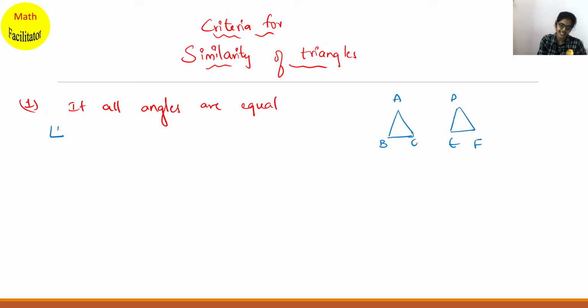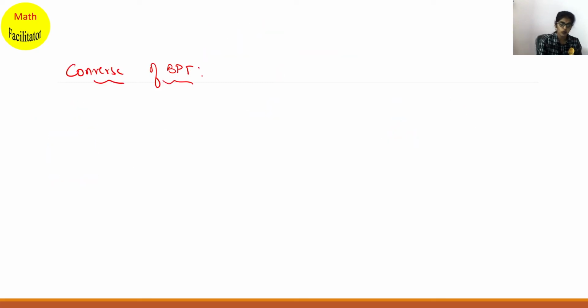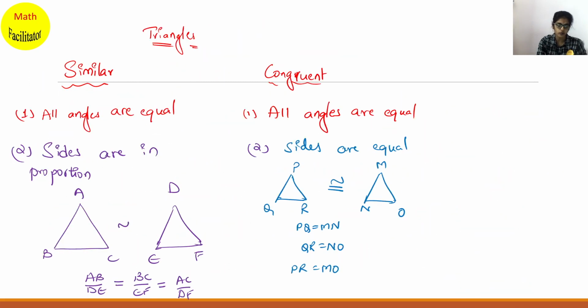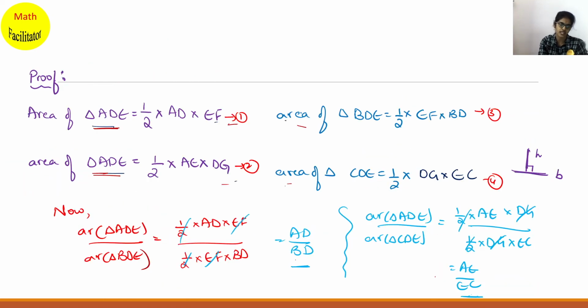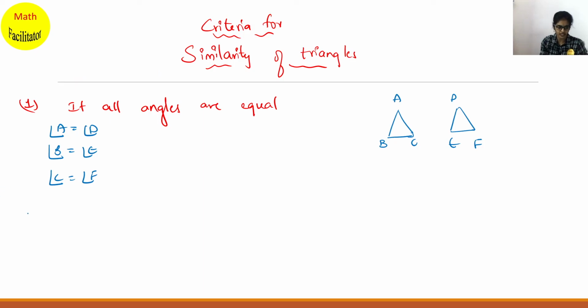If all the angles, angle A is equal to angle D, angle B is equal to angle E, angle C is equal to angle F, three angles are equal, then the triangles are similar. If the triangles are similar, what about the sides? Sides are in proportion. Therefore, this is the application part.